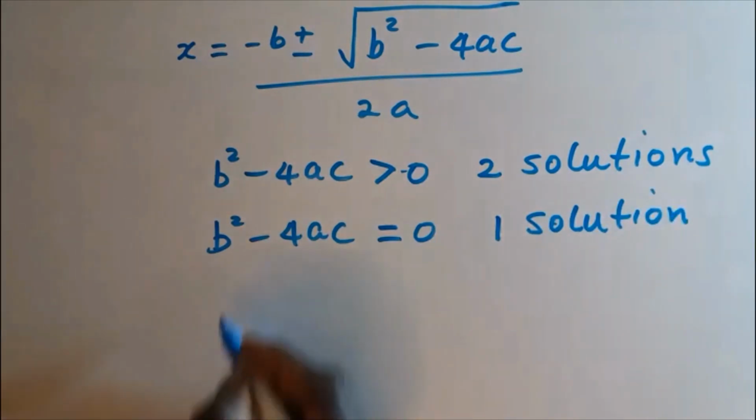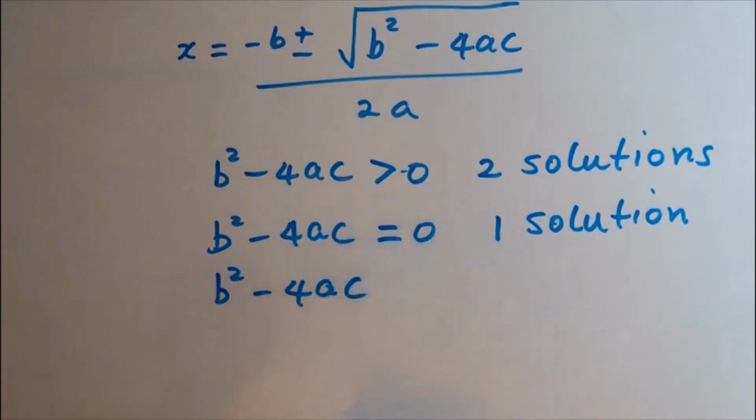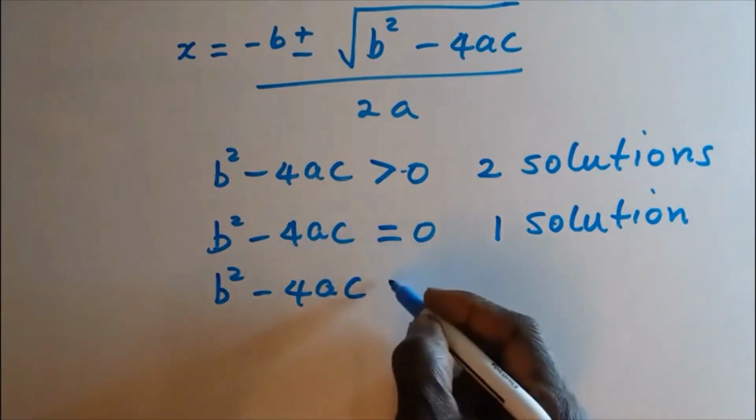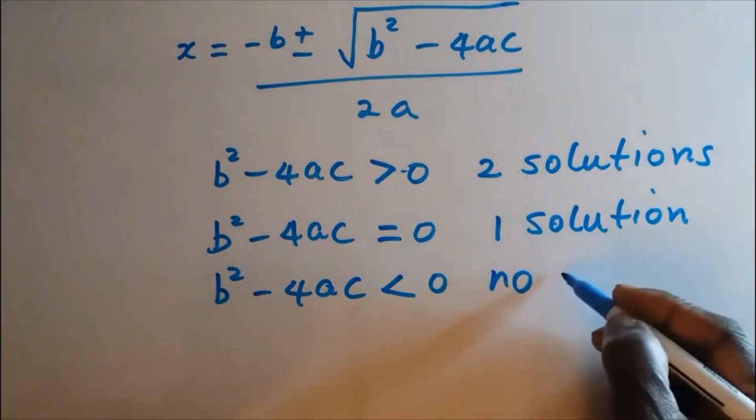And if b squared minus 4ac is less than 0, meaning it's negative, then no solutions.